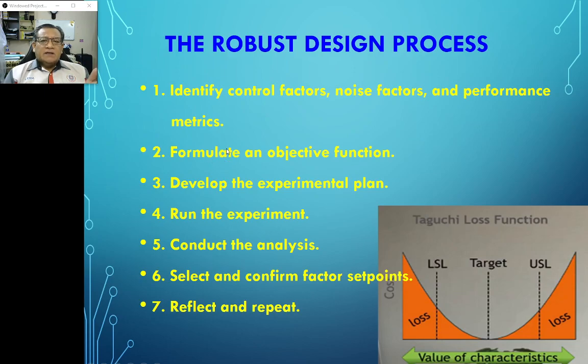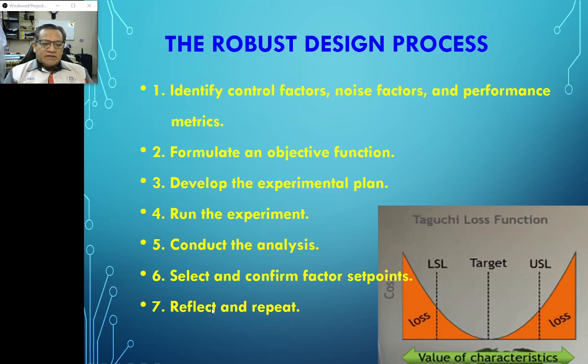Secondly, we have to formulate the objective function, right? What are the functions to achieve, and we need to come out with the design, many design plans to experiment, and then we execute the experiment, and then we conduct the analysis and firm up the final set point, the best to maximize the performance and minimize the variation, or in other words, maximize the signal and minimize the noise.